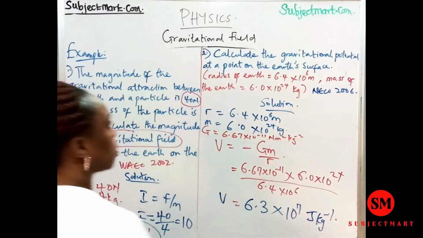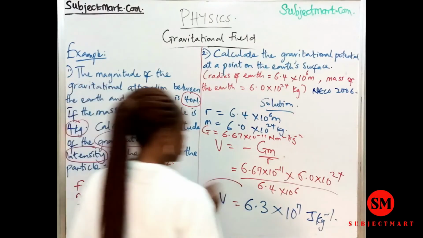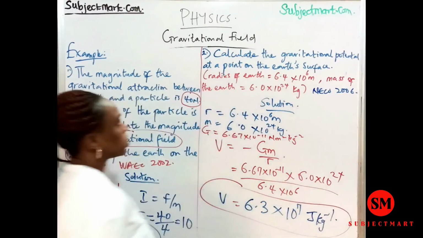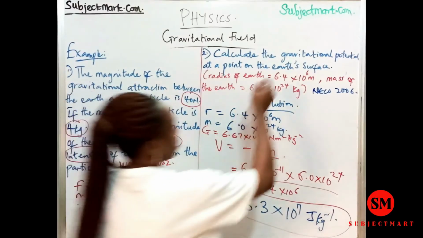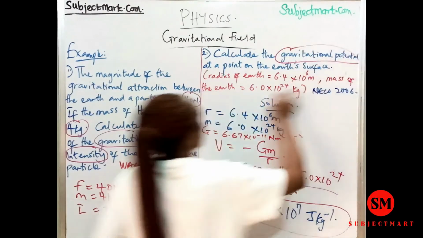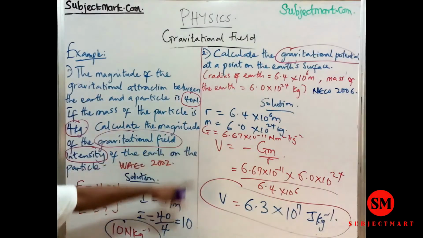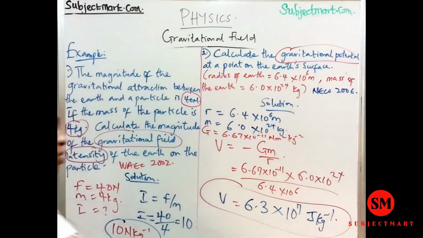That's the unit of the gravitational potential. So they said calculate the gravitational potential. The gravitational potential at this particular point is equal to 6.7 times 10 raised to the power 7 joule per kilogram. I want to believe that is very true.